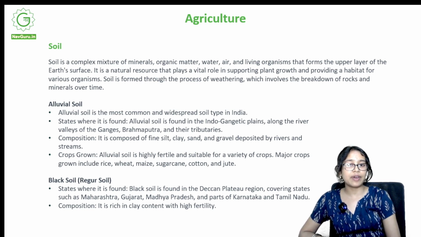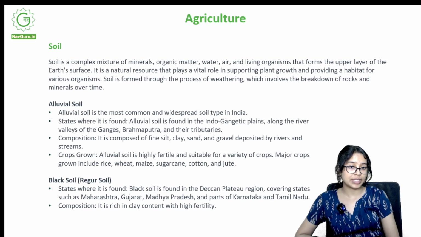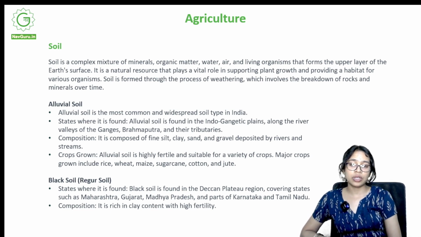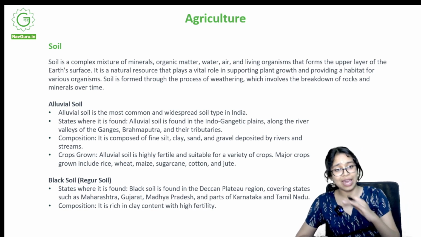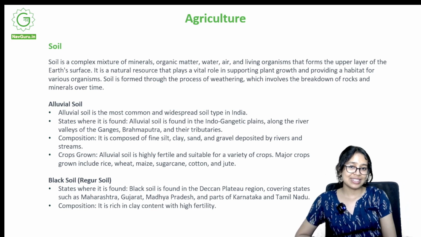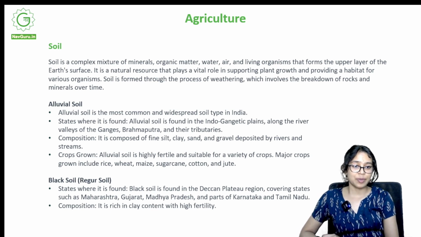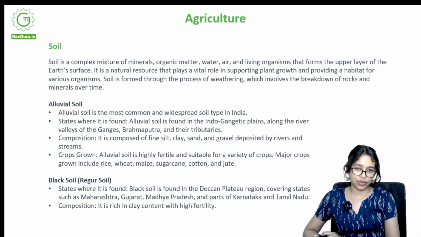It is composed of fine silt, clay, sand and gravel deposited by rivers and streams. Alluvial soil is highly fertile and suitable for a variety of crops. Major crops grown include rice, wheat, maize, sugarcane, cotton and jute. That's like every crop that we studied before. So as I said, it is very fertile and hence is preferred by a variety of crops.